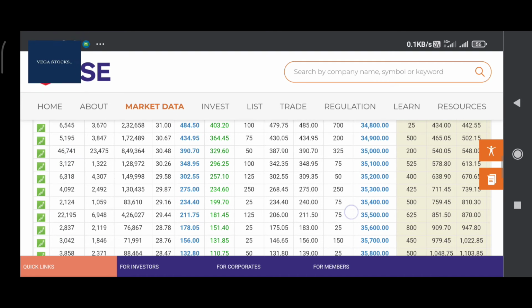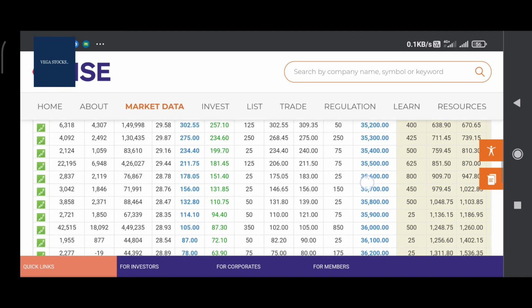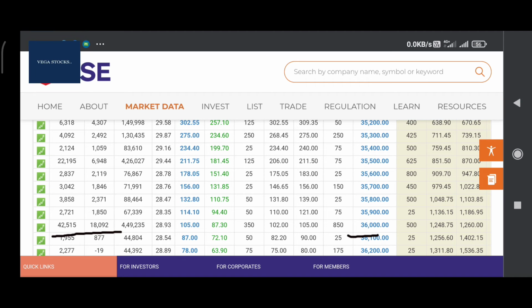Then we have strong resistance at 36,000 strike price, where we can see open contracts of 42,515 with a change in open interest of 18,092. So it clearly indicates that 35,000 is resistance 1 and 36,000 is a strong resistance 2.